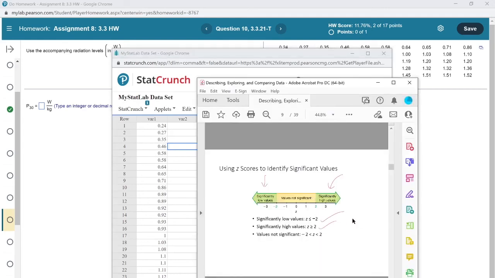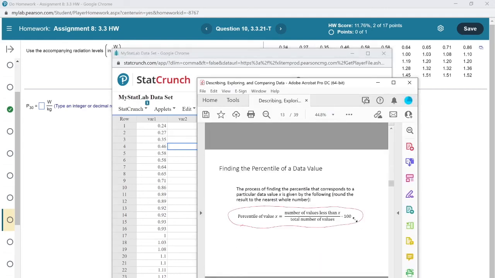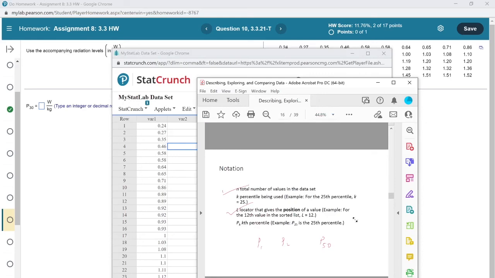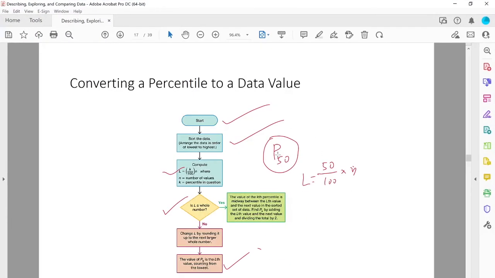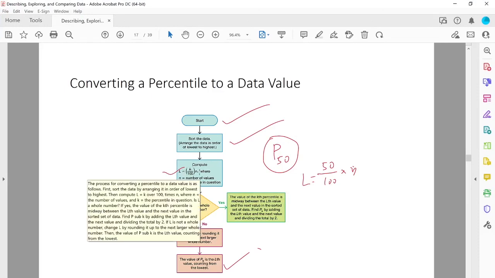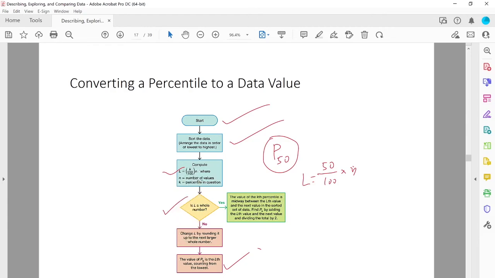If you go back here and check your formula for finding a percentile, you need to find the locator. The locator L is K over 100 times N. K is the percentile in question, so we need to find P30 in this problem. So K is 30. The locator is 30 divided by 100 times the total number of data. There are 50 data.